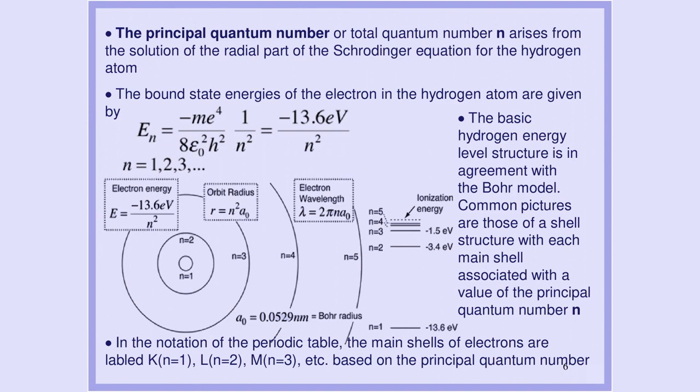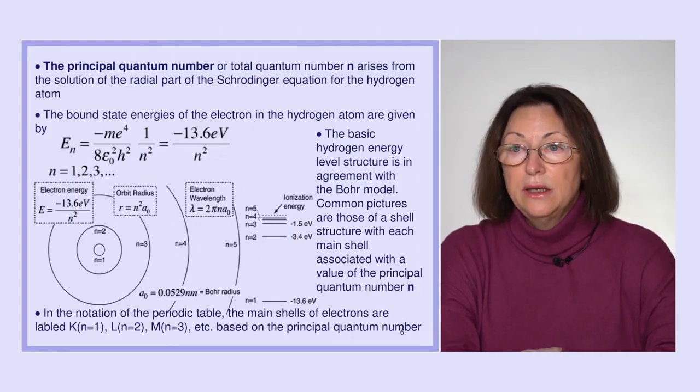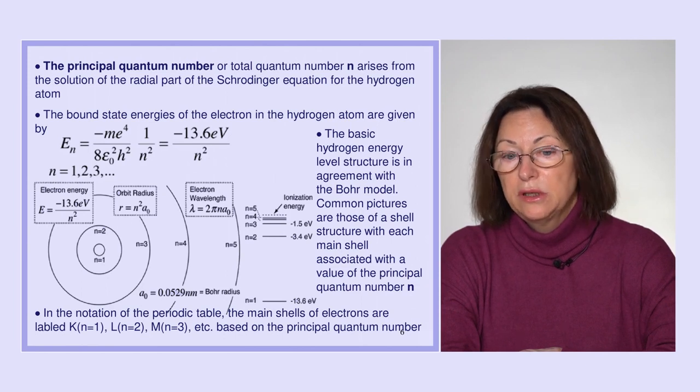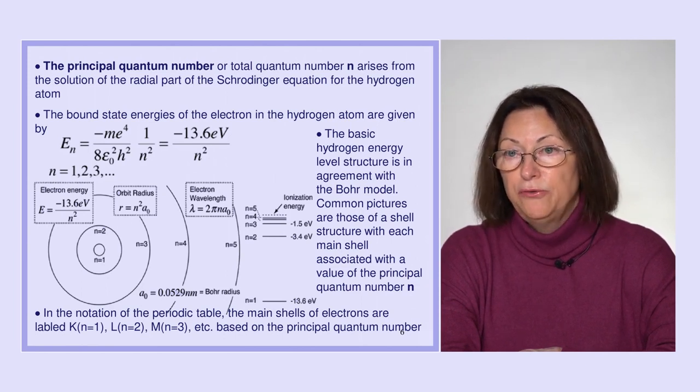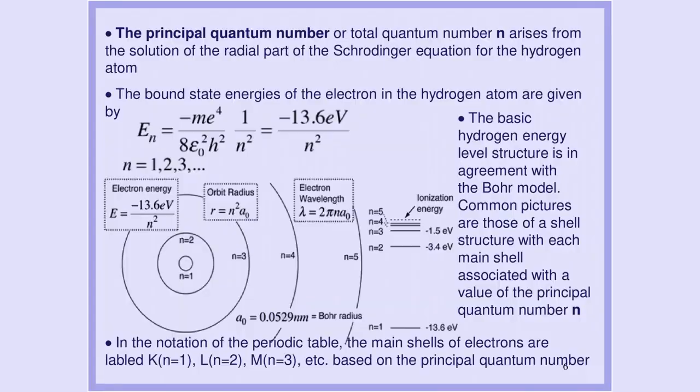In the notation of the periodic table, the main shells of electrons are labeled by K for principal quantum number equal to 1, L for principal quantum number equal to 2, M for n equal to 3, etc. Based on the principal quantum number, the shells may be labeled by letters.